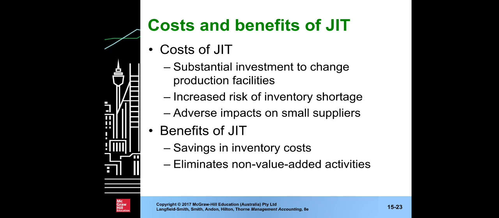So there is no need to keep the inventory. Like I said earlier, the burden is on the supplier. The supplier has to keep the inventory to make sure of the quality. When you need them, the supplier has to deliver the inventory. That is the way. That is about the JIT. And then the second benefit of JIT is that it eliminates non-value added activities.